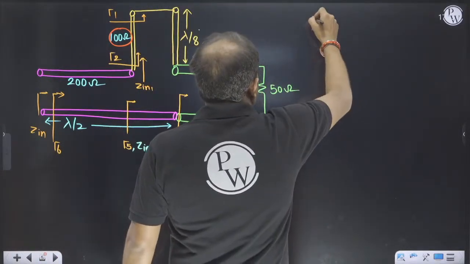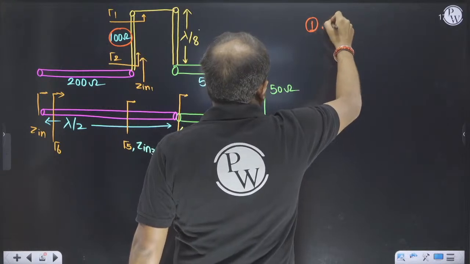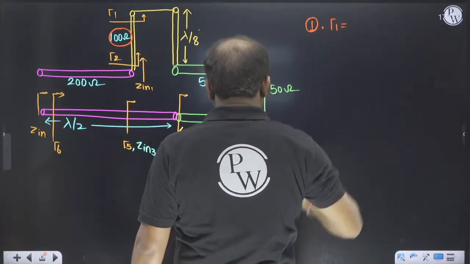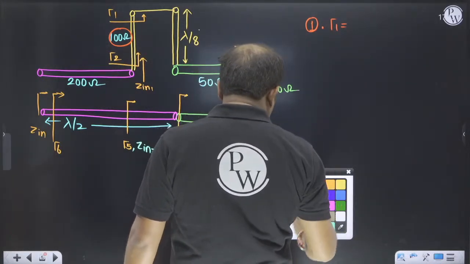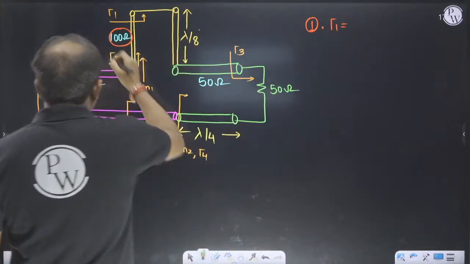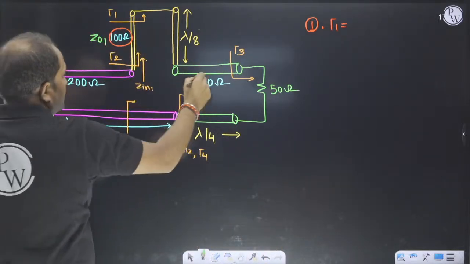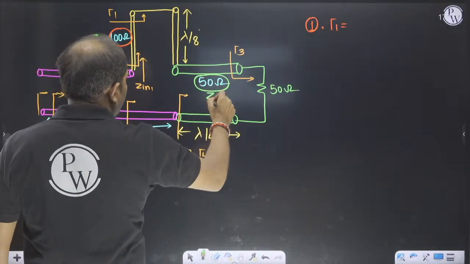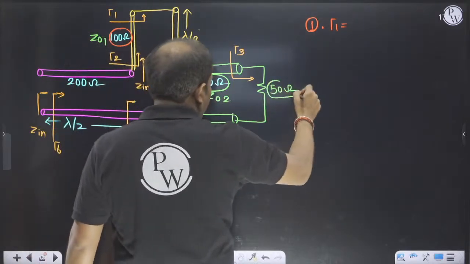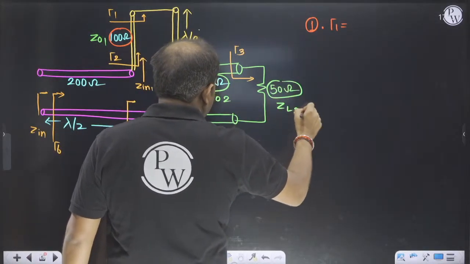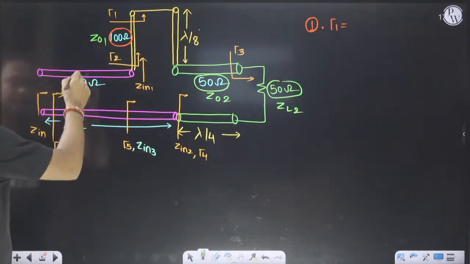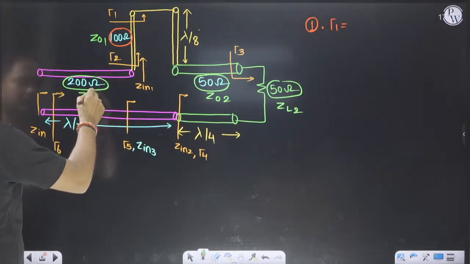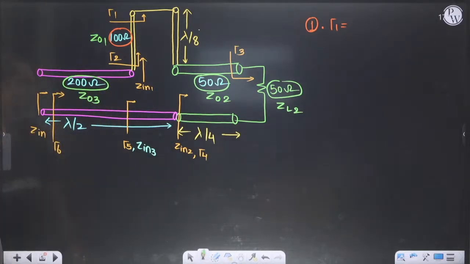What is gamma 1? This one is Z01, this one is Z02, this one is ZL2, this one is Zin3, this one is Z03, and this one is Zin.